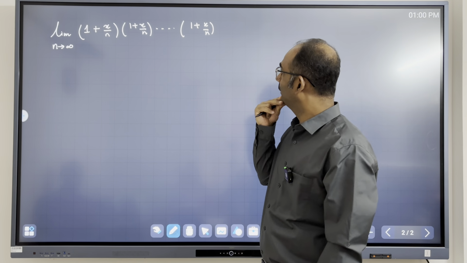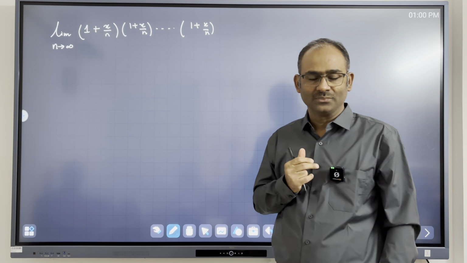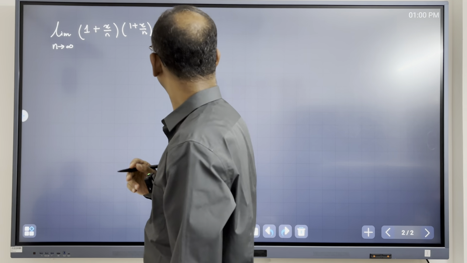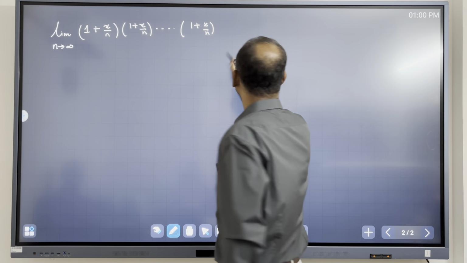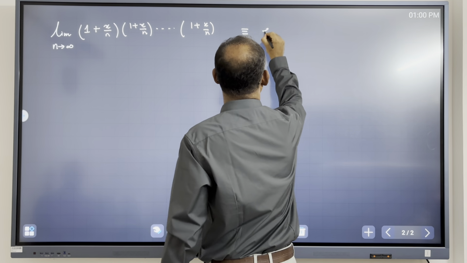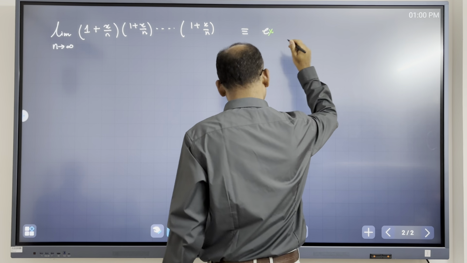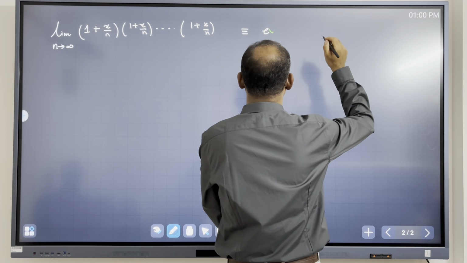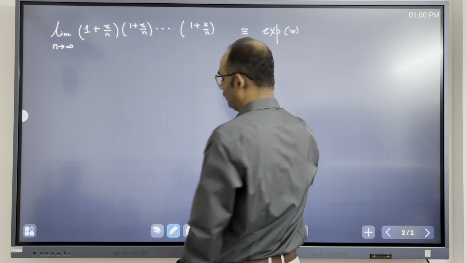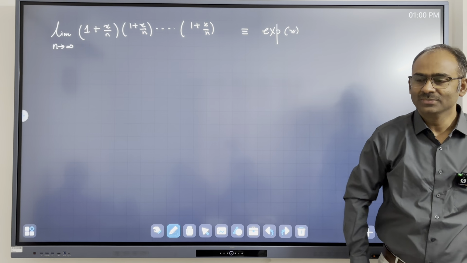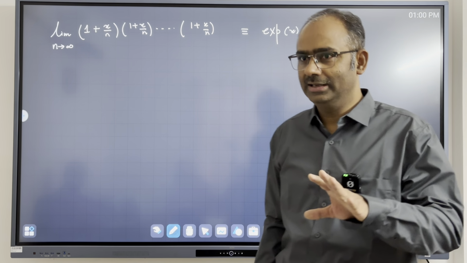This is what appears frequently. And this thing is what is defined as a function called exponential of x.